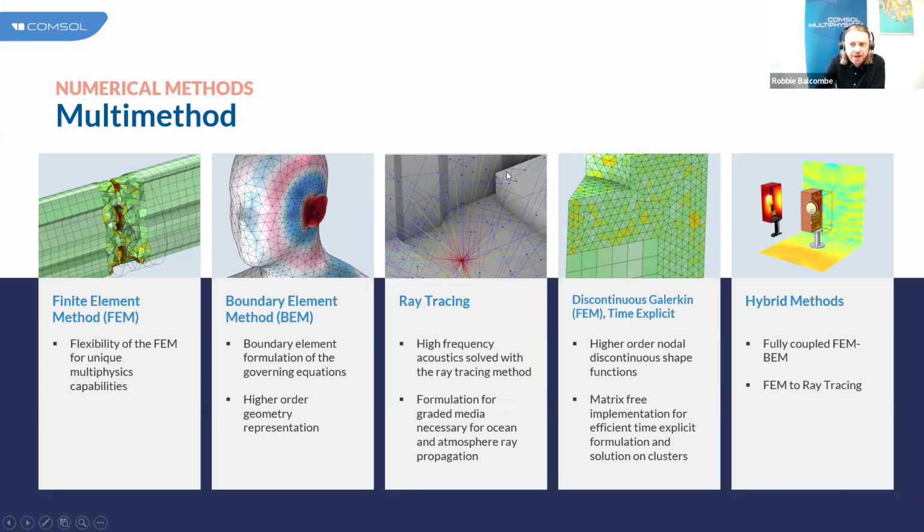We then have the ray tracing method. So when working with the ray tracing method, essentially what we're calculating is the trajectory of a set of rays and how they will move over time and interact with the walls of our acoustic domains. So essentially what we have is a set of particles and we track the trajectory of these particles over time.